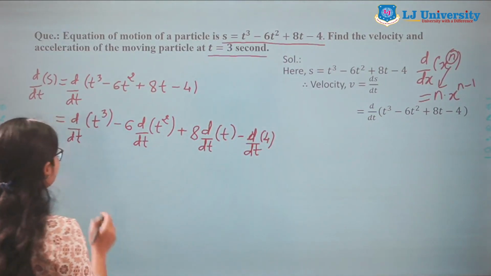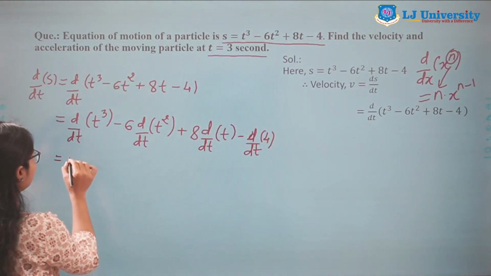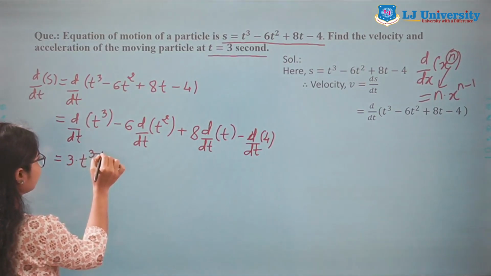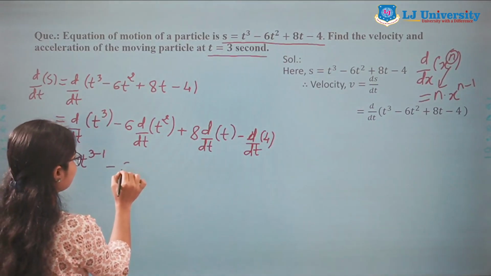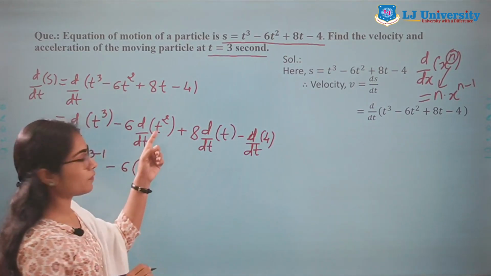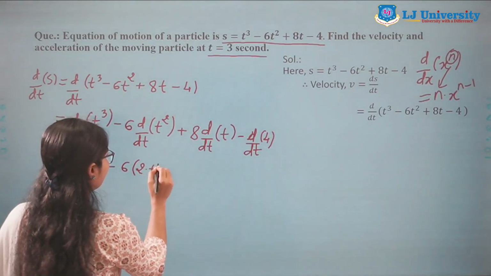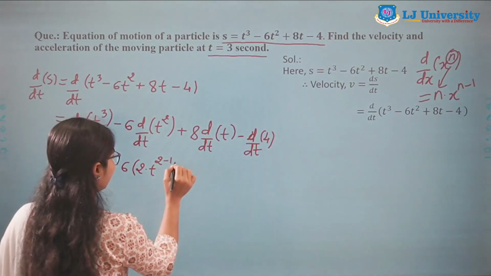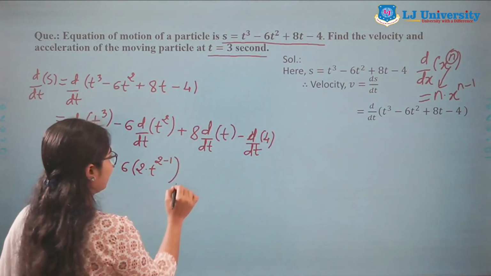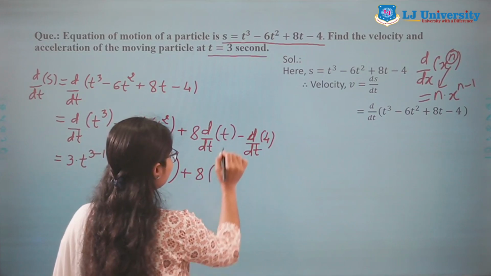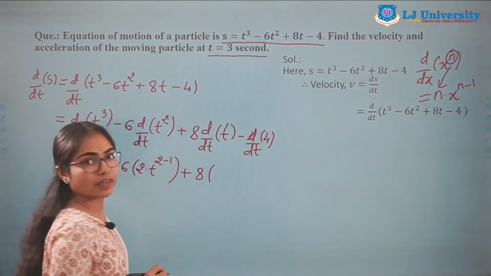So the derivative of t cube would be 3 into t to the power 3 minus 1, minus 6 into the derivative of t square, which would be 2 into t to the power 2 minus 1, plus 8 into the derivative of t, where the power of t is 1.